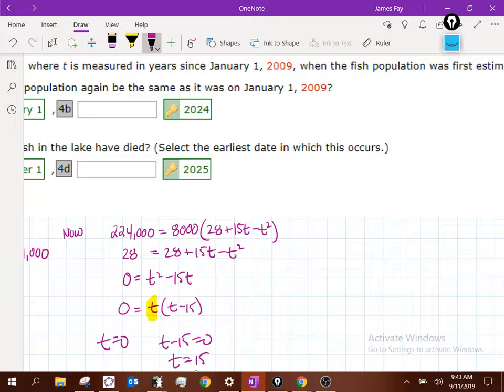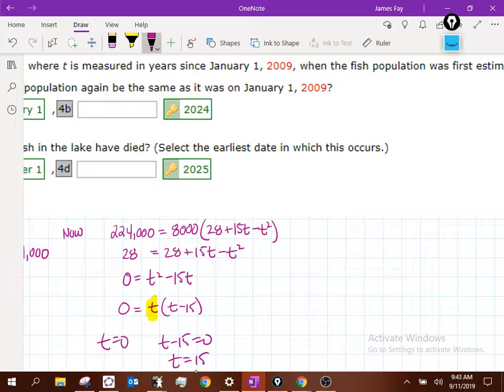All right. Now the next question asks us, when will all the fish have died? So what would be the population of the fish if they've all died? Be 0, right? Okay.